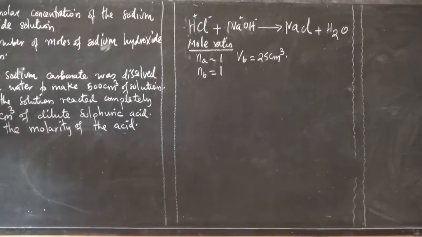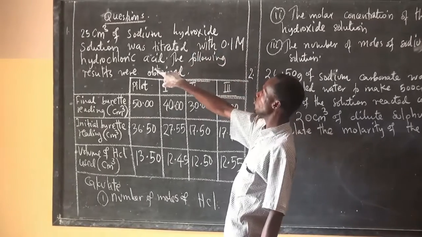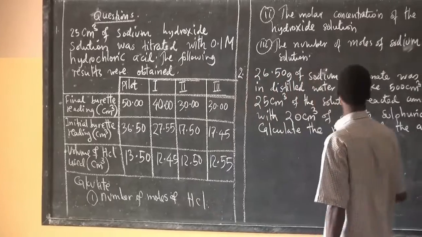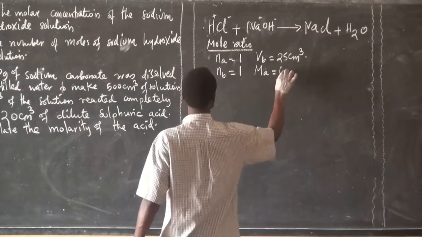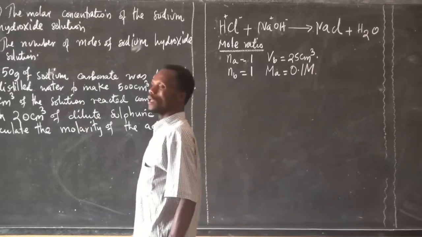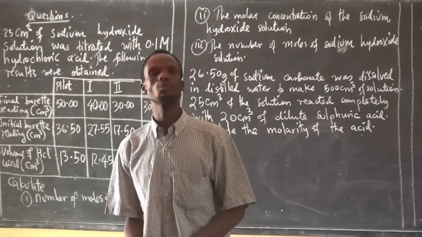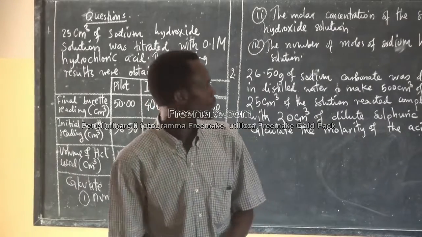But it was titrated with 0.1 molarity of hydrochloric acid. Now for hydrochloric acid, we have the molarity of acid, which is equal to 0.1 molarity. Molarity is measured in terms of mole per decimeter cubic. That's why we represent it by capital letter M. Are you together?